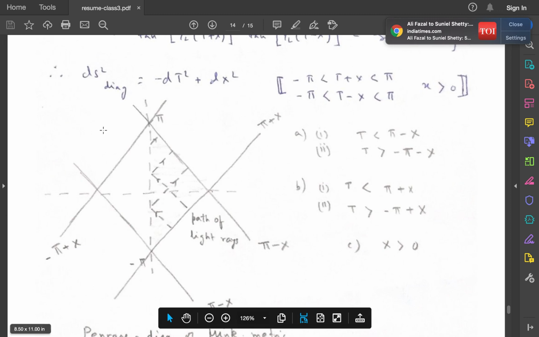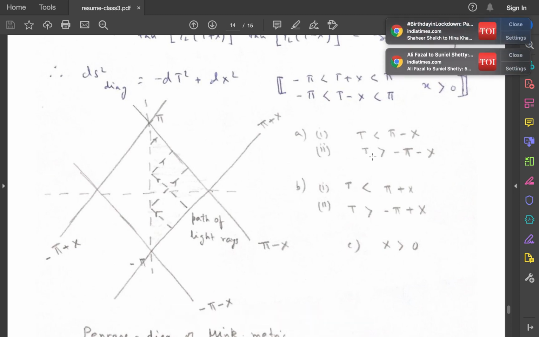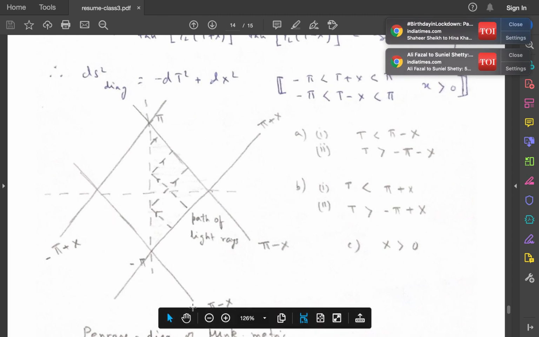Next, from this condition, t greater than minus pi minus x. So this is minus pi minus x, so t should be greater than this. So we are now confined to a region between these two straight lines, which is given by this condition A.